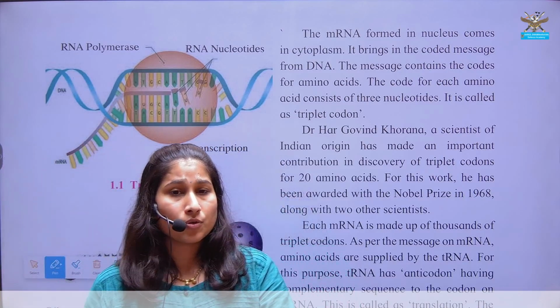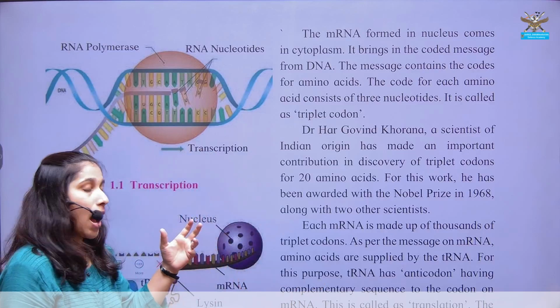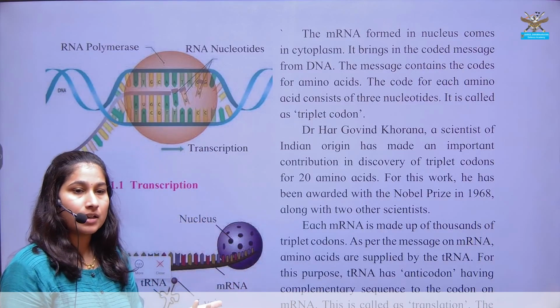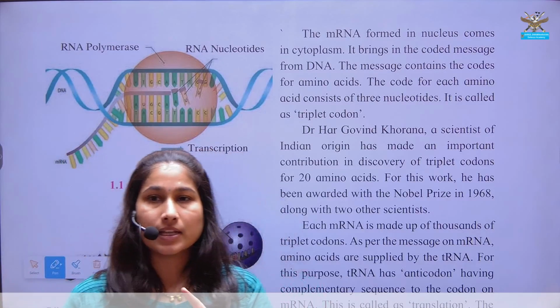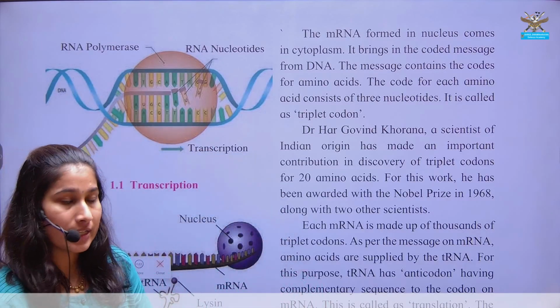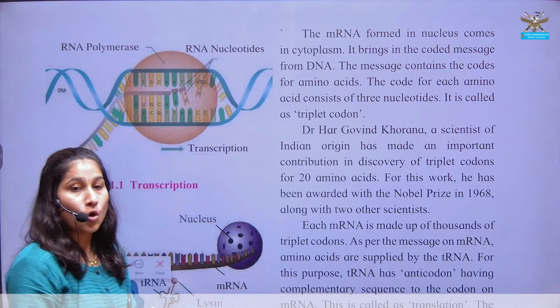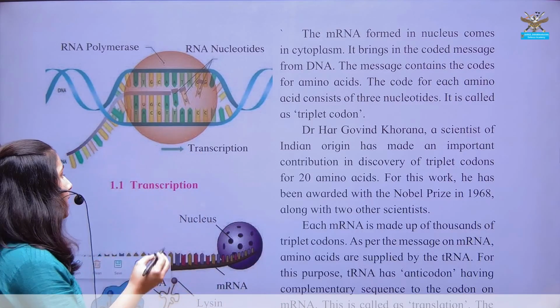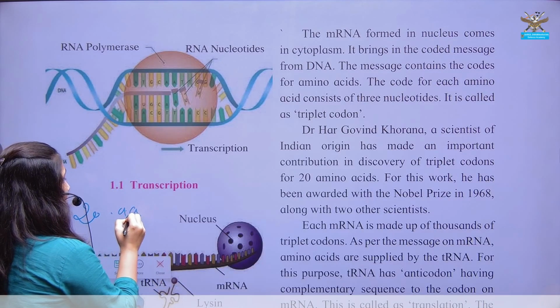So now you may want to know how many types of amino acids there are. There is so much complexity of protein. There are structural proteins, there are some enzymes which are made up of protein, there are hormones which are made up of protein, right? So for so many proteins, there are only how many amino acids? 20 amino acids.